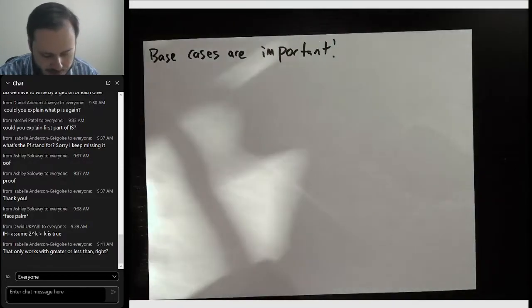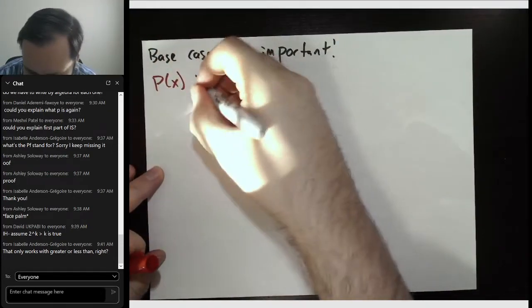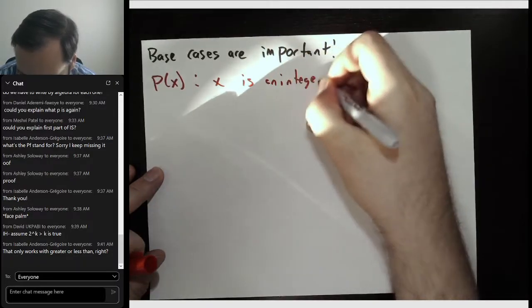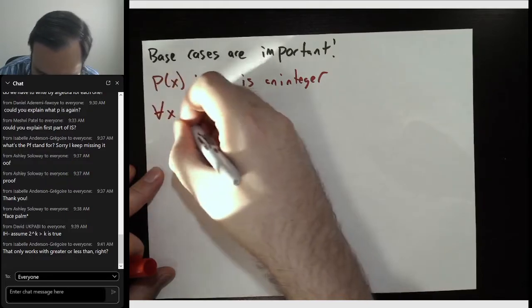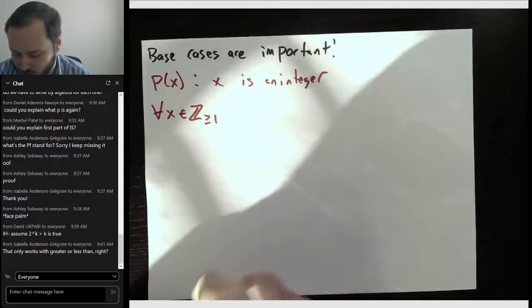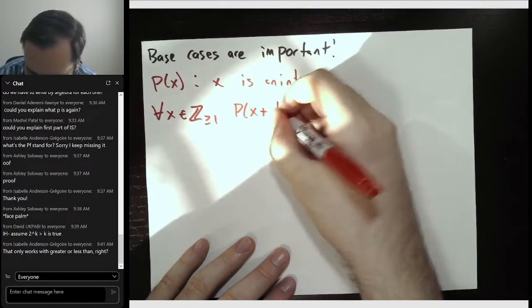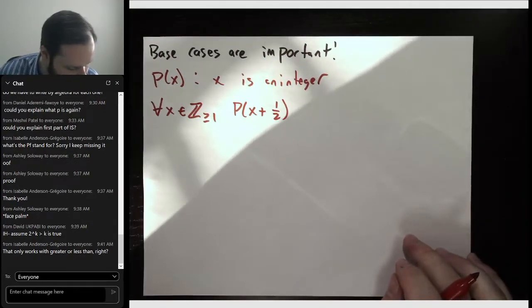If I make my p of x the statement "x is an integer," and I claim for all x in the positive integers p of x plus 1/2, this is obviously false.